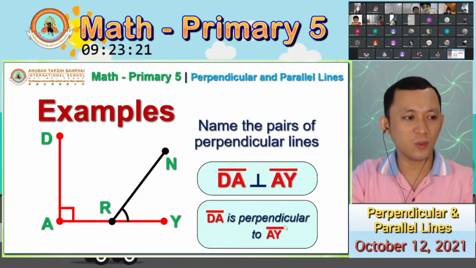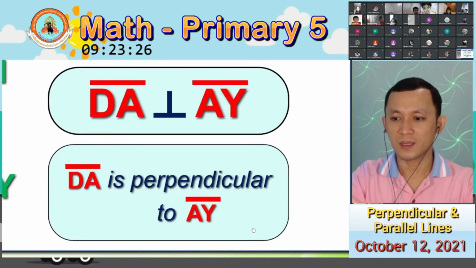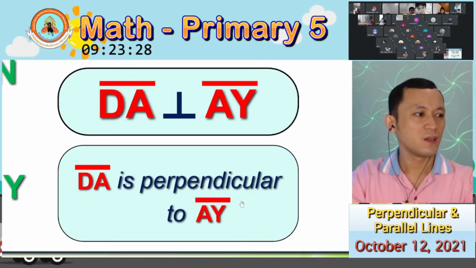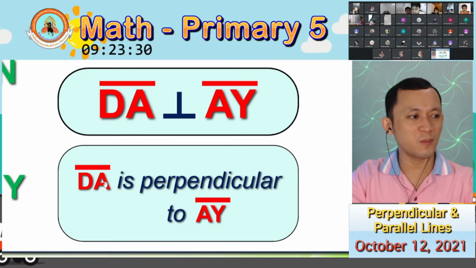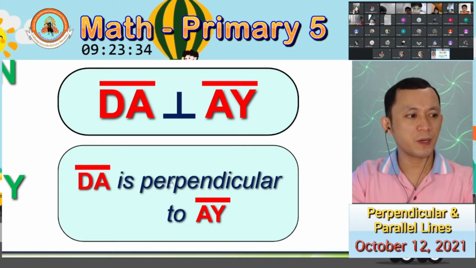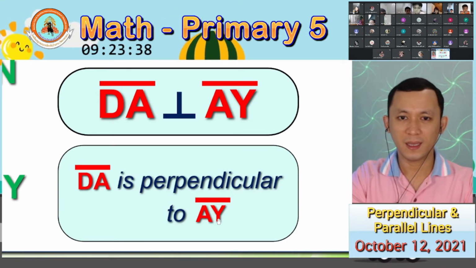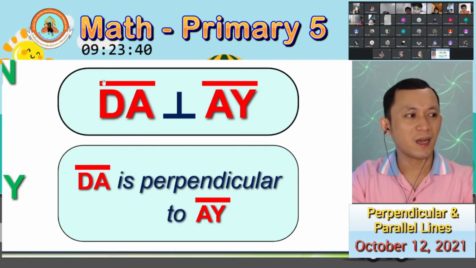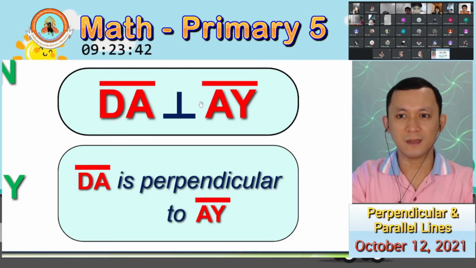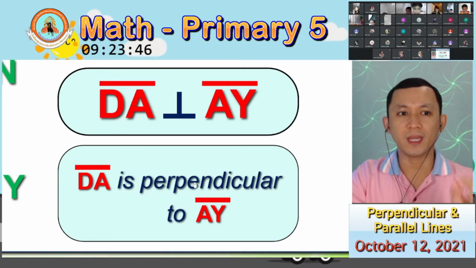If we write that, we have line segment DA is perpendicular to line segment AY. The top box is just the symbol. On the second box, you're going to write the words.